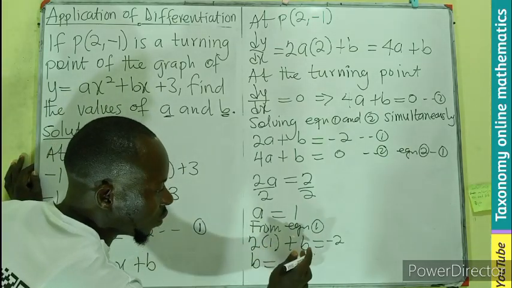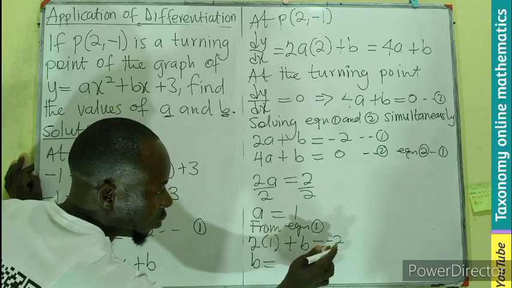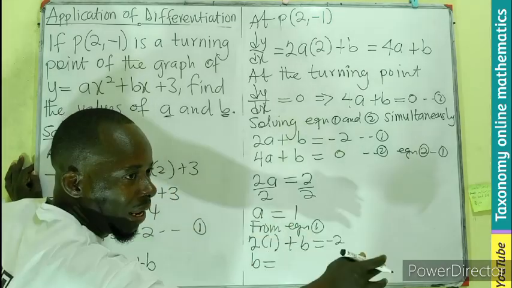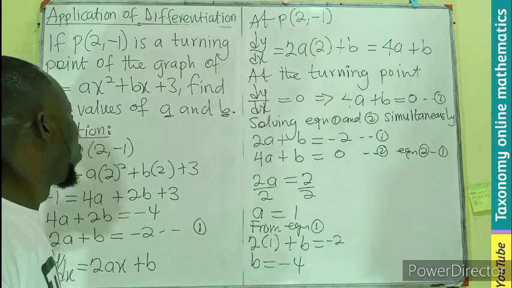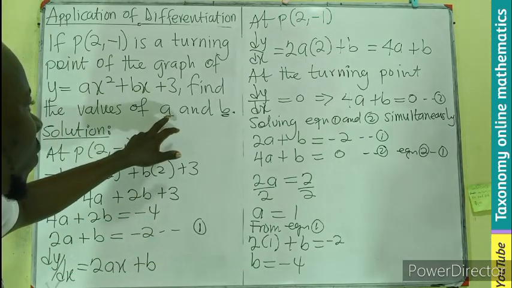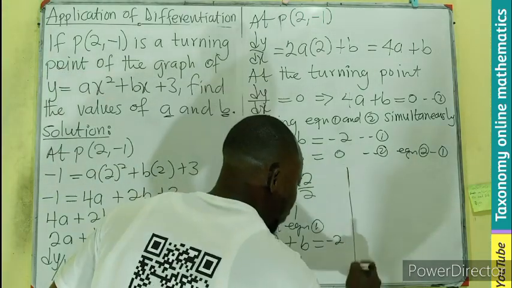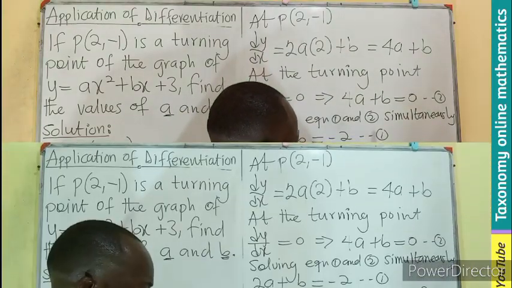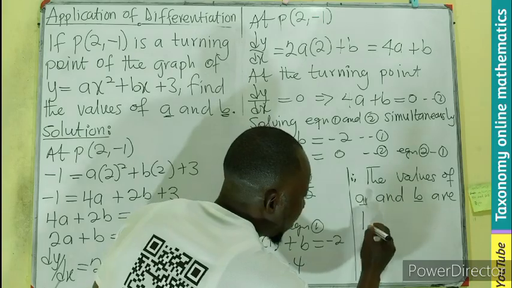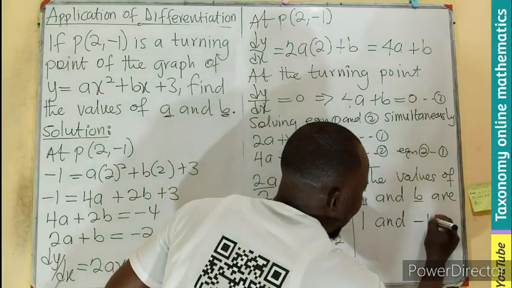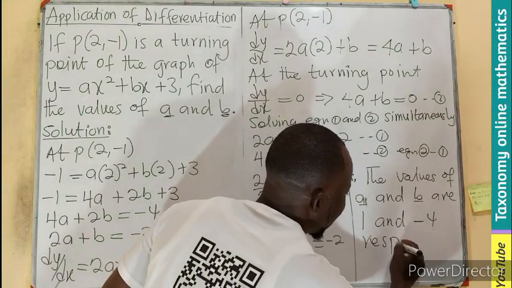So b will be equal to -2 minus 2, that will be -4. So what are we looking for? We are to find the values of a and b. Therefore, the values of a and b are 1 and -4 respectively.